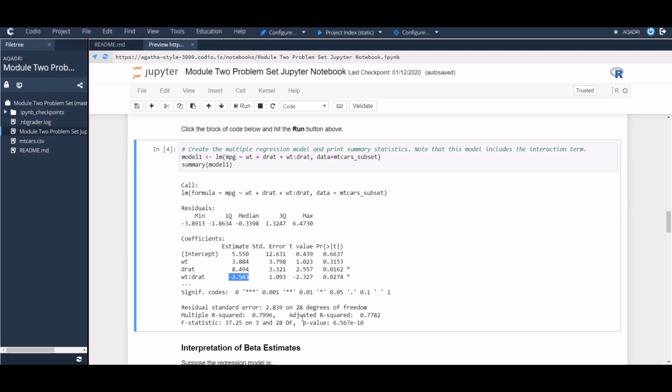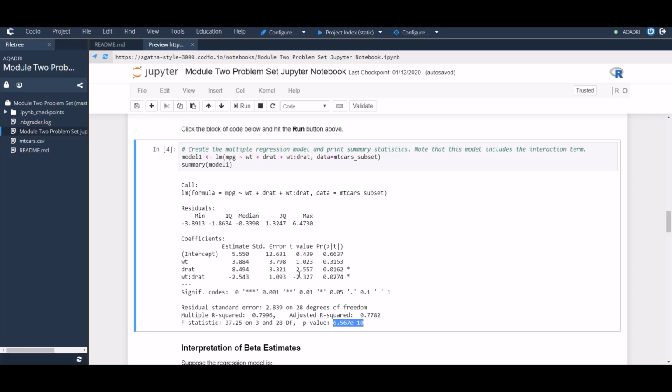You can see that the adjusted R square is 0.7782. The overall F test has the F statistic as 37.25 with a p-value of almost zero. And so the model is significant.